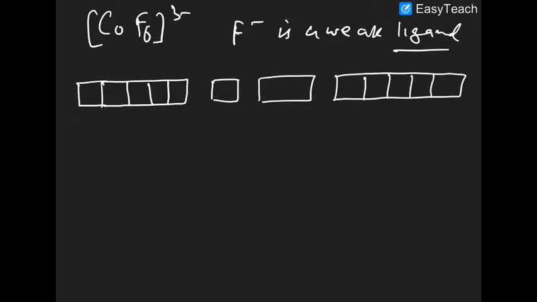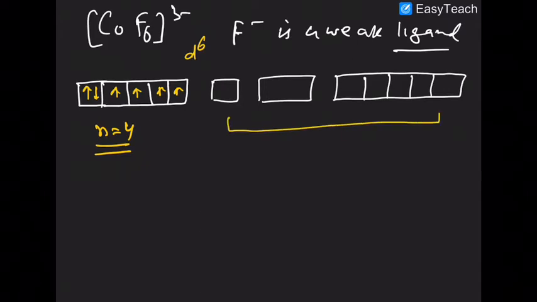Pairing of electrons won't take place. It is d6, so 1, 2, 3, 4, 5, and this is 6. Now in this case cobalt has 4 unpaired electrons.